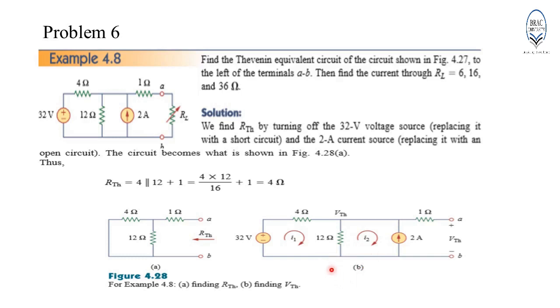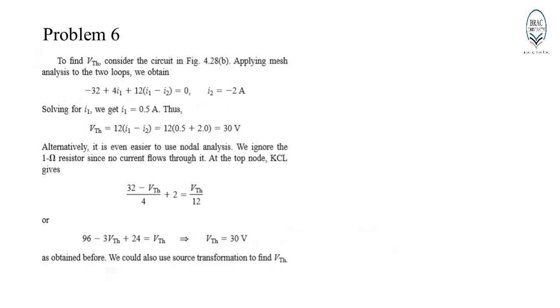On solving these linear equations, we will be able to determine the voltage drop across the current source, which will be equal to the voltage drop V Thevenin. The solution for this problem is given over here. Please go through the solution very carefully in order to determine V Thevenin.